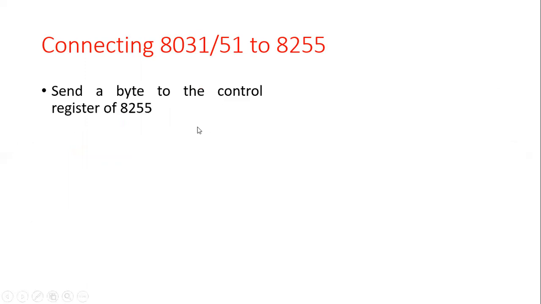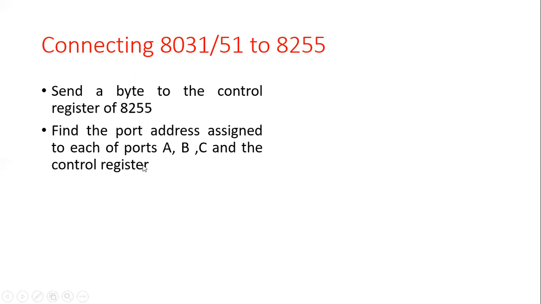Then let us see how to connect the 8051 with the 8255 programmable peripheral interface. First thing you have to do is send a byte to the control register of 8255. We have seen that just earlier. So to the control register, first we have to send a byte.